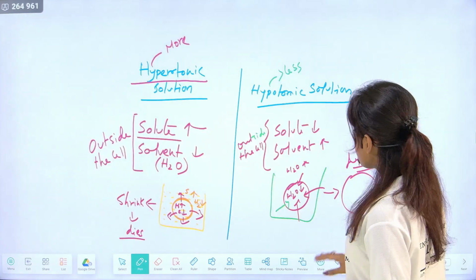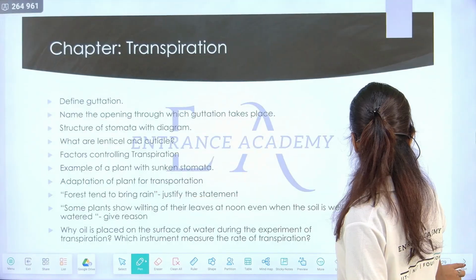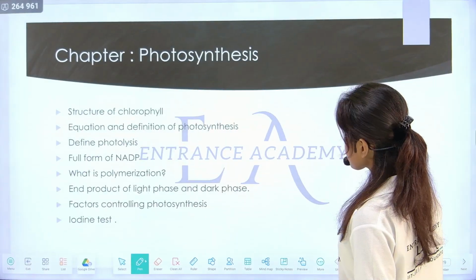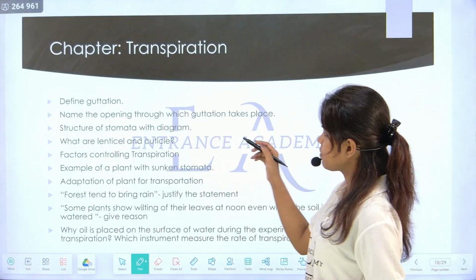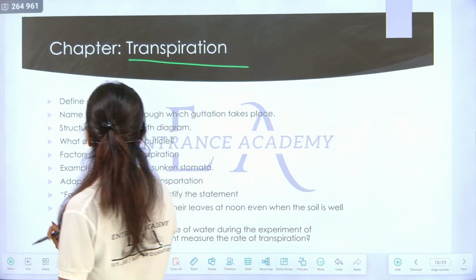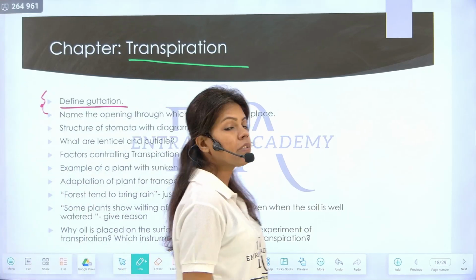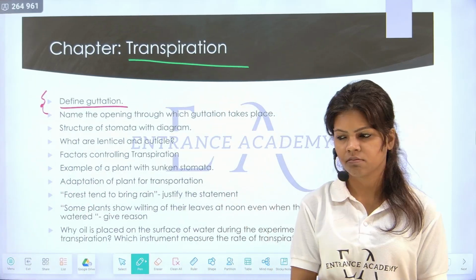Our next chapter is transpiration. The first thing we will discuss from this chapter is, what is the difference between transpiration and guttation?